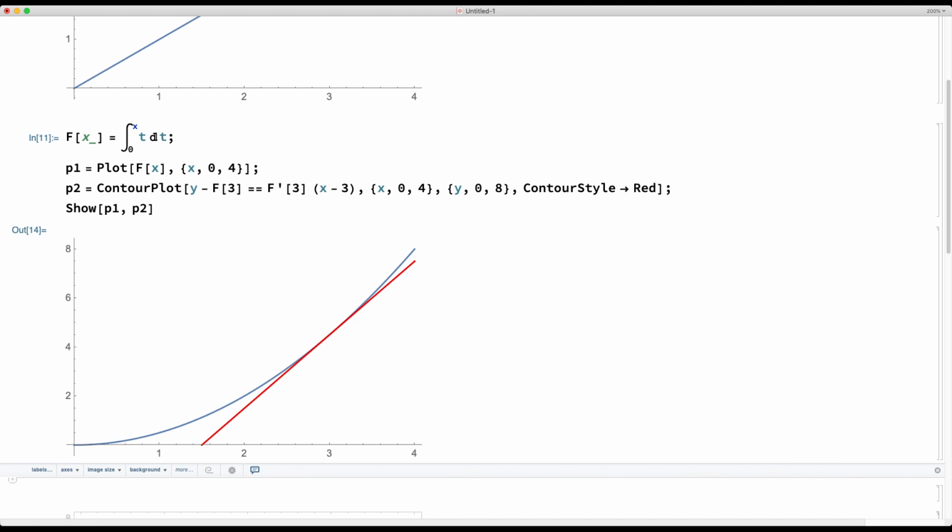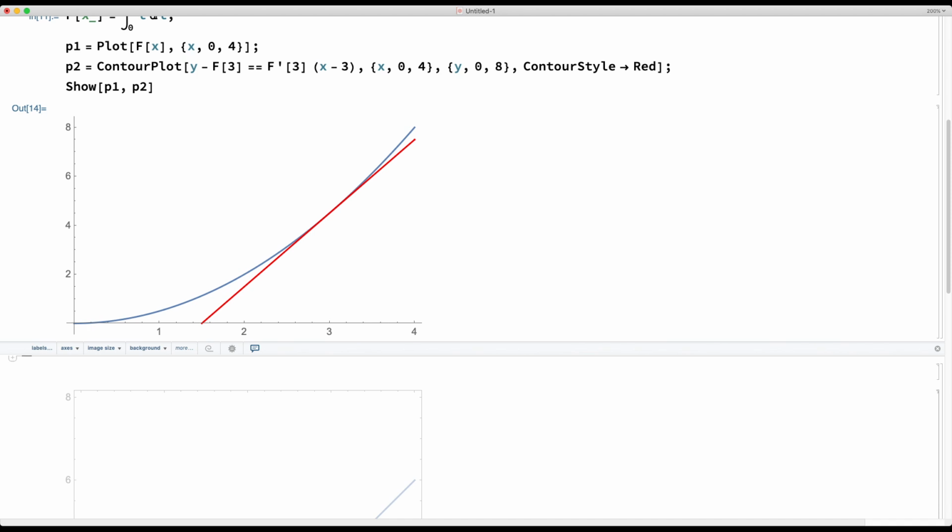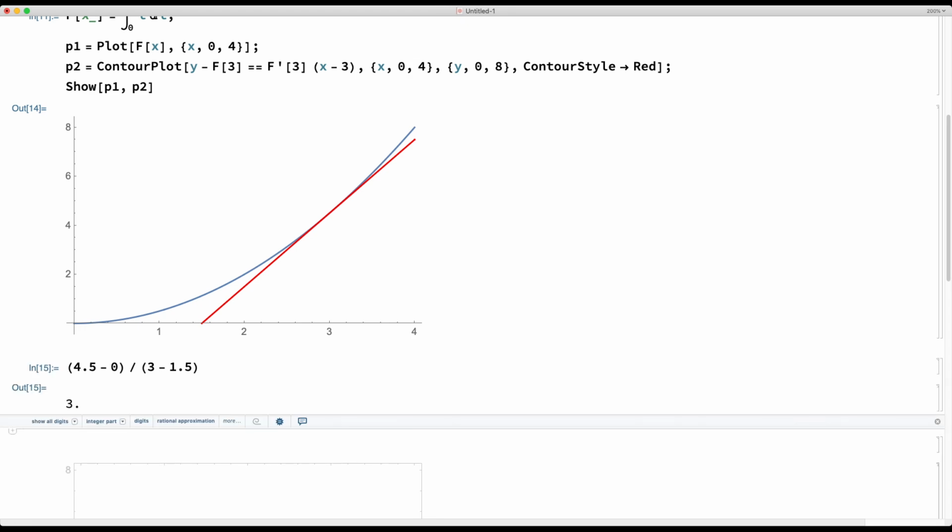Okay, so what do we get? What'd you get, Don? I don't think it's 3 over 2.5. Let's just double check. If this point is at 3 comma 4.5 and the other is at 1.5 comma 0, then the slope would be 4.5 minus 0 divided by 3 minus 1.5.